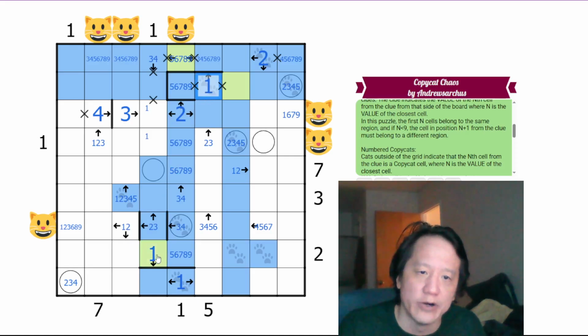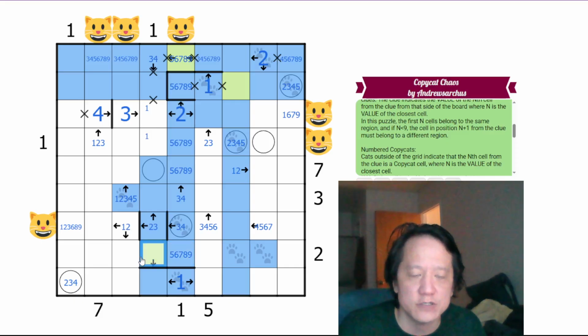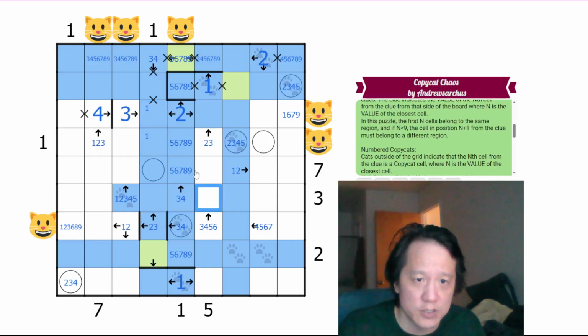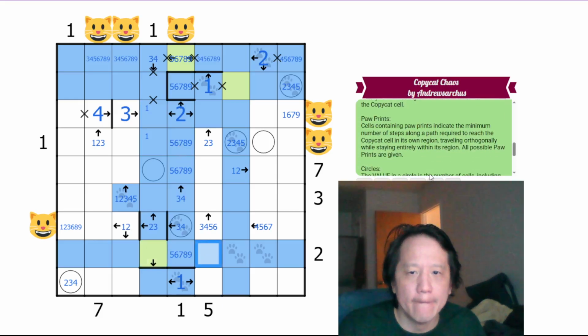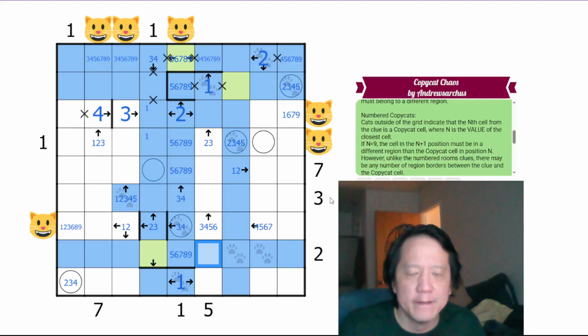So this is copying a 1. So we don't know what the digit is. So this is copying a 1, which means there's no copycat in the row and column left. And we have a guaranteed 1 in one of those 2 cells. Interesting. So that's copying the one that's orthogonally adjacent. So this is a copycat. Does that help us very much? Not particularly.